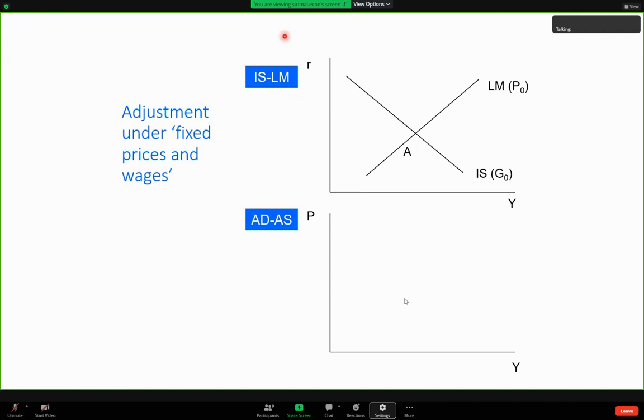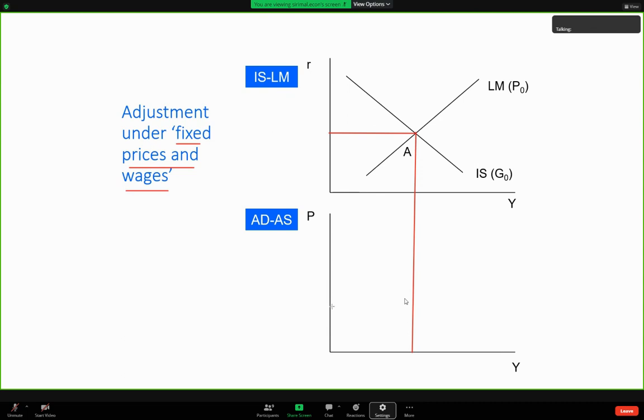I will draw first so that you can understand them better, which determine equilibrium interest rate here and equilibrium output level here. To have that equilibrium output level, we extend it all the way down here. And suppose that because of our assumption, what is the assumption? Fixed prices and wages.